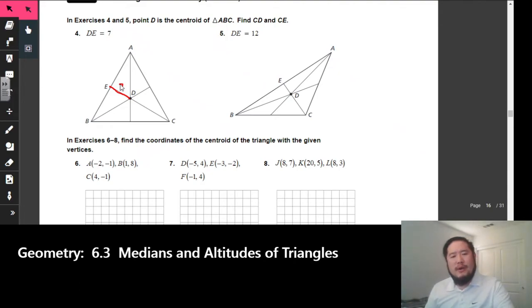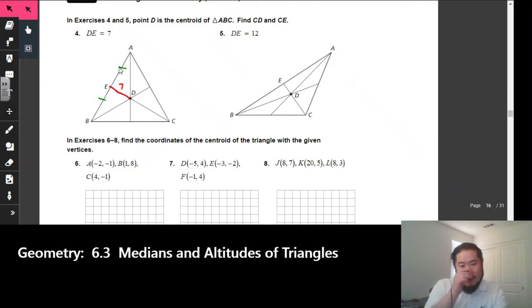Now the centroid right here, we need to figure out, well, where does centroid happen? It's when we have the vertex to the median. Okay, so if we take a look at the other side, we've got ourselves point C as the vertex, and then it's the middle of the opposite side. So meaning it bisects the segment. A to E is congruent to B to E.